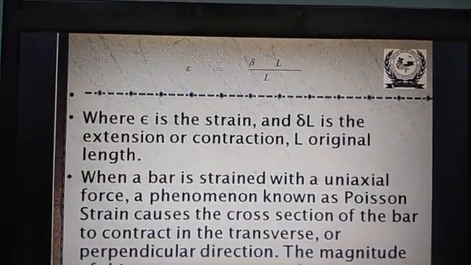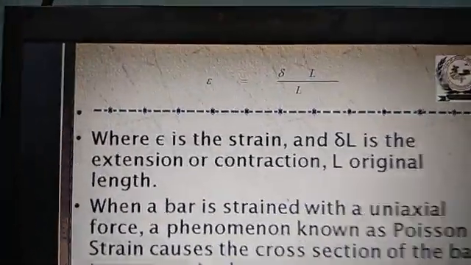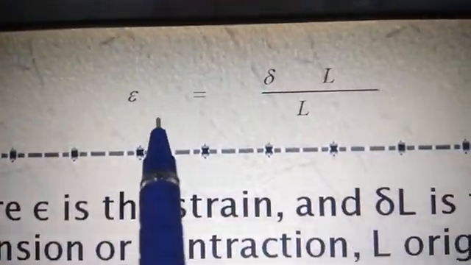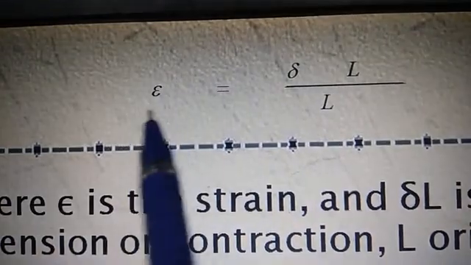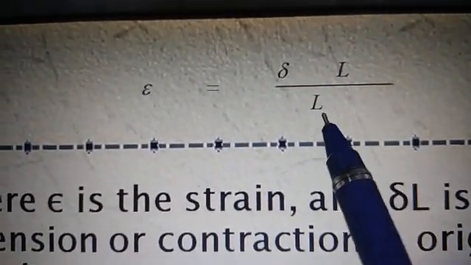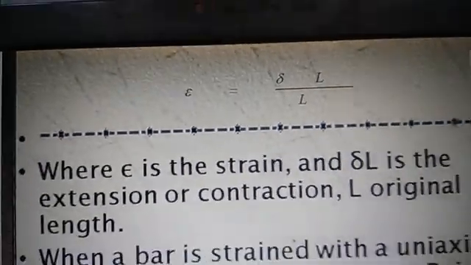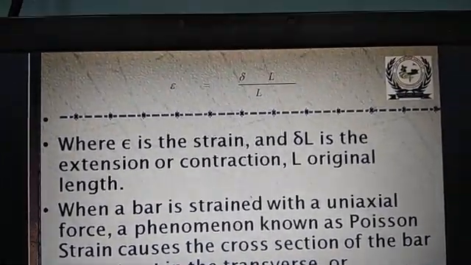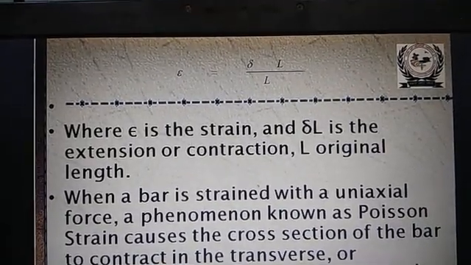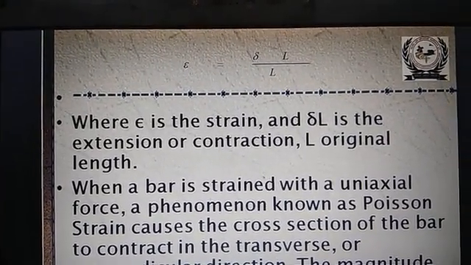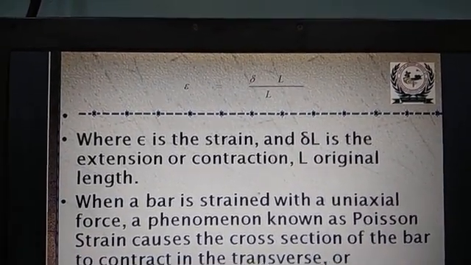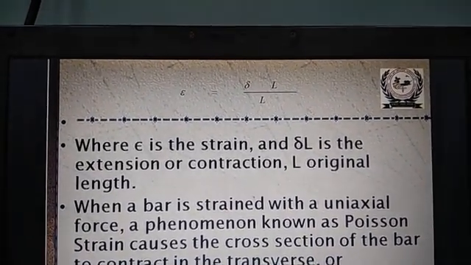Here you can see this epsilon, that is strain, is given by delta L upon L, change in length upon total length. It's called a strain, where epsilon is the strain and delta L is the extension or contraction. Either it may be an increase in length or a decrease in length, and L is the original length.